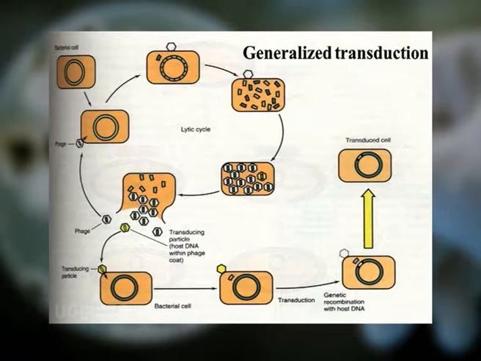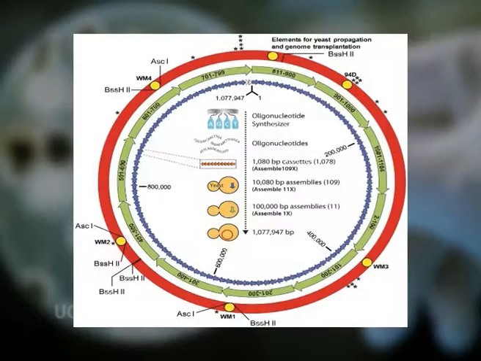In this type, transducing phages produced during lytic growth are aberrant and contain a random fragment of the bacterial genome instead of phage DNA. Each individual transducing phage carries a different set of closely linked genes representing a small segment of the bacterial genome.